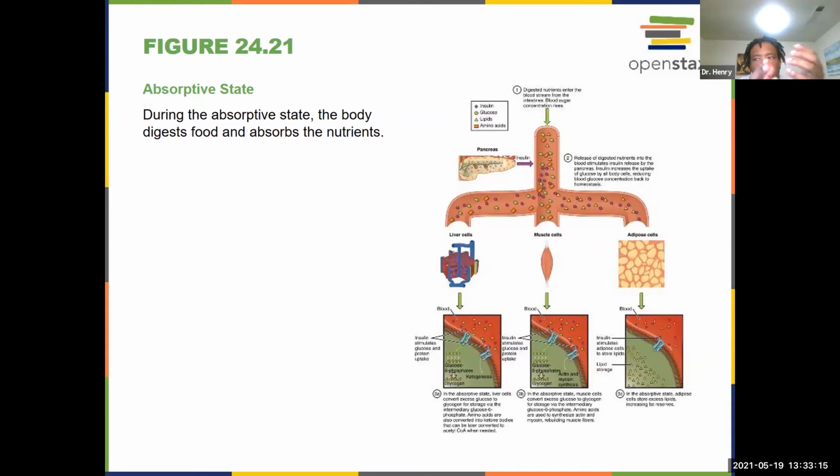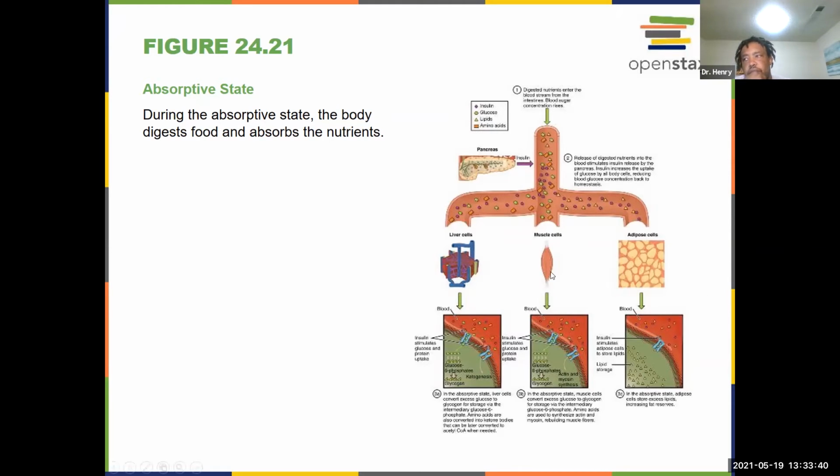It's going to be used for storage for later on when we need to make more energy. Okay, so also the amino acids are going to be converted into ketone bodies, so that they can later be converted to acetyl-CoA when we need to do that.